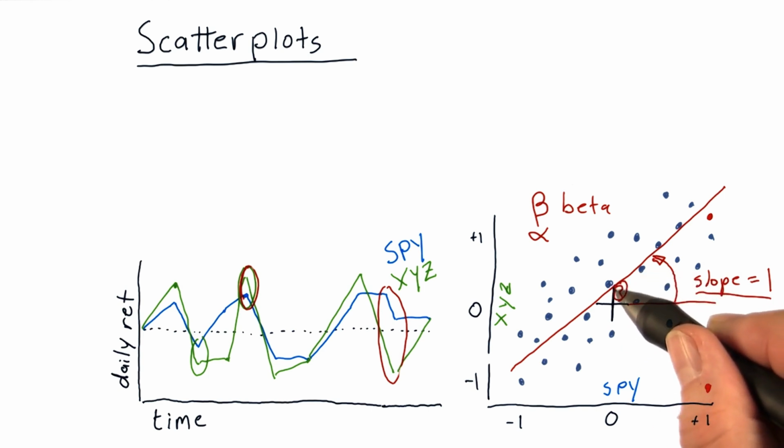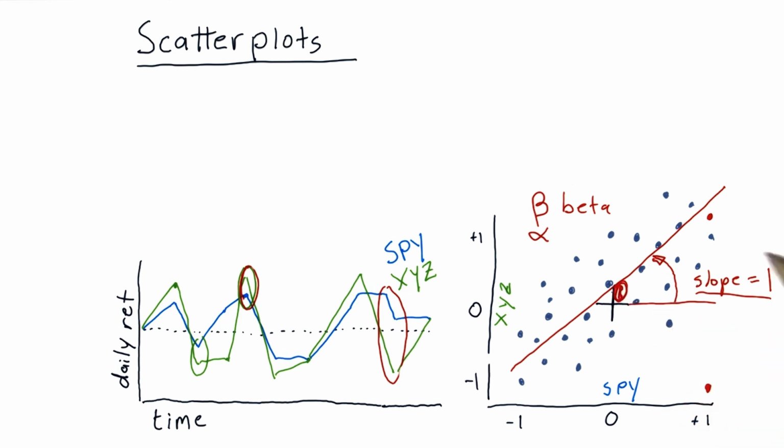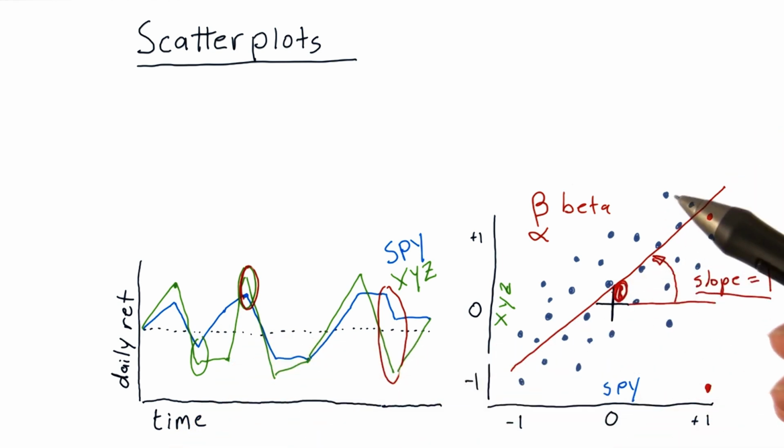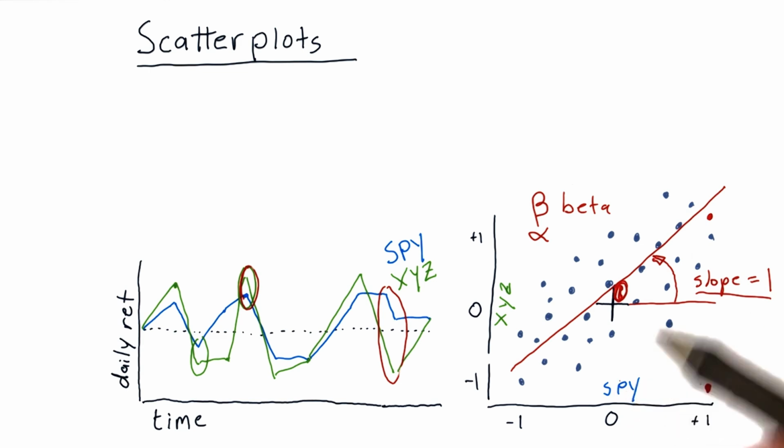If it's negative, it means on average it's returning a little bit less than the market overall. So that's how you can plot the data, fit a line to it, and measure a couple aspects of its performance with regard to the market or with regard to some other stock.